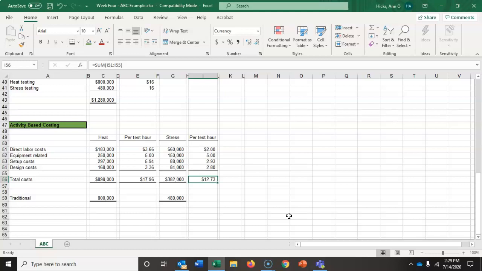All that means is if there is true value to be obtained from implementing activity-based costing, it may be worth it. But based on the high amount of resources required to do this, without a significant benefit to be obtained, it may not be in the company's best interest to implement an ABC system.